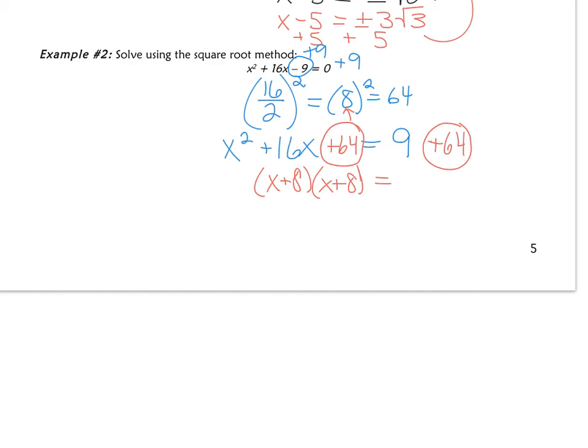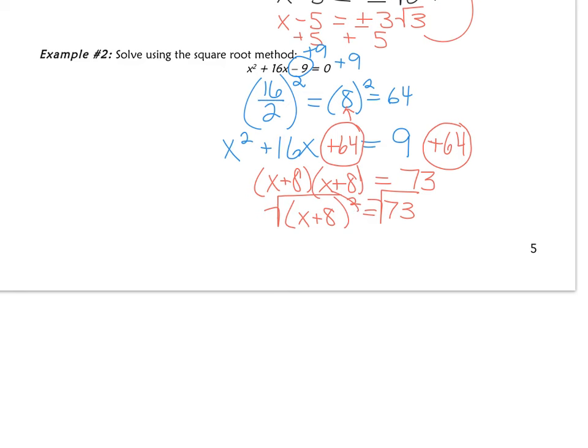So whatever you get as b over 2, that's going to be your number that appears twice in the parentheses when you factor. So now 9 plus 64 is 73. Rewrite the left side as x plus 8, quantity squared, equals 73. Okay, now that I've isolated my binomial that's squared, I can square root it.